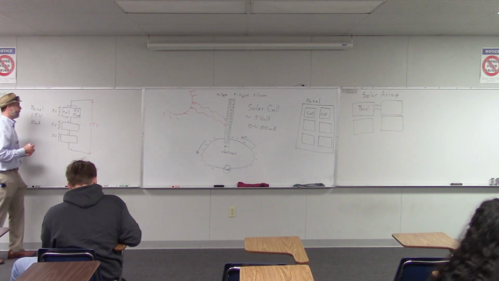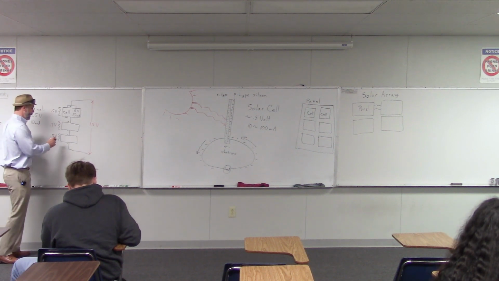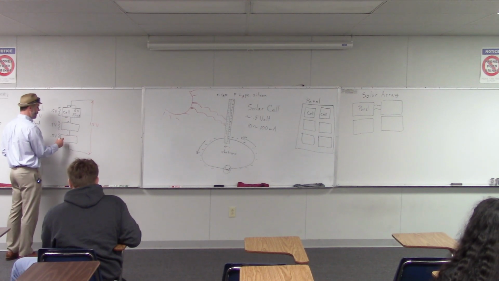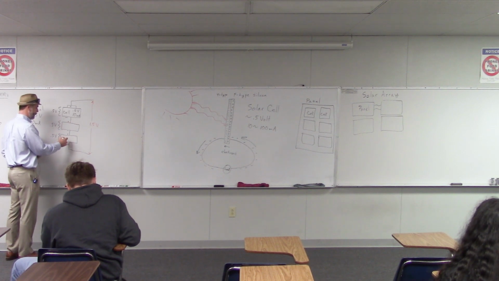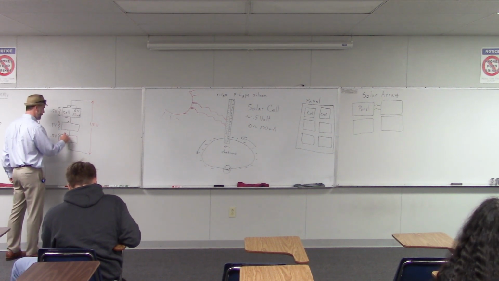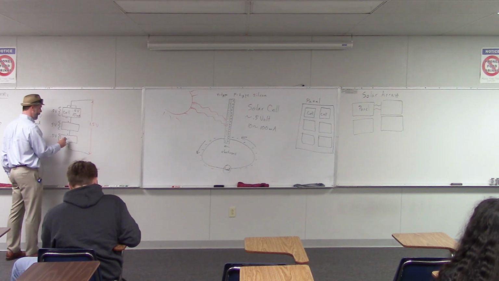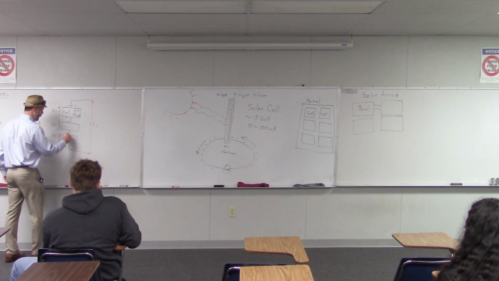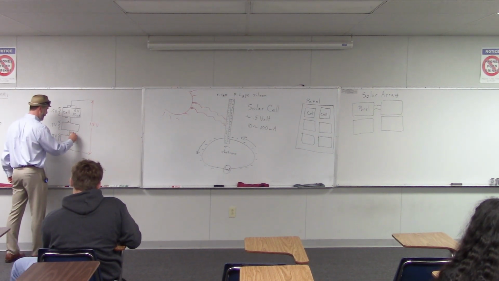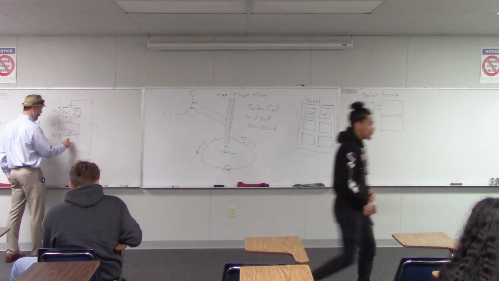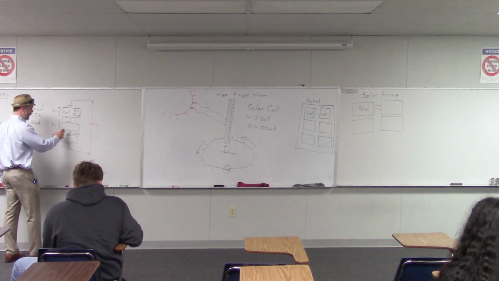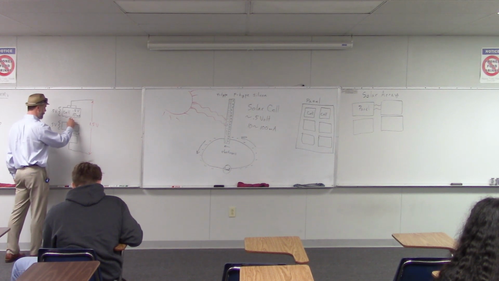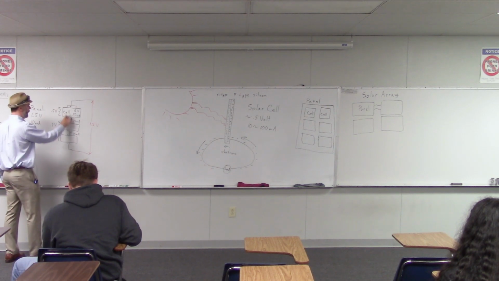Now, for the current, we know that each one of these cells produces or allows 10 milliamps to flow. So each cell has 10 milliamps flowing out of it and should have 10 milliamps flowing back in. Right here, there's 10 milliamps flowing out of the bottom cell into the middle cell. And then that middle cell also allows 10 milliamps to flow out of it, and that flows into the top cell.